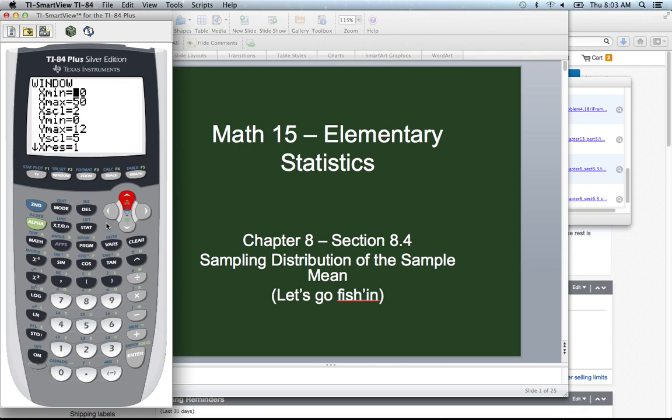So let's see, I'm going to start with 20. I'll just make it 20 to 40 for starters here. And let me make this x scale 1, and that's going to cut the class width in half. Okay, so now we're starting to see a little more shape to that graph.